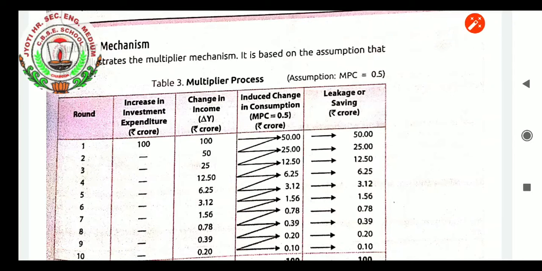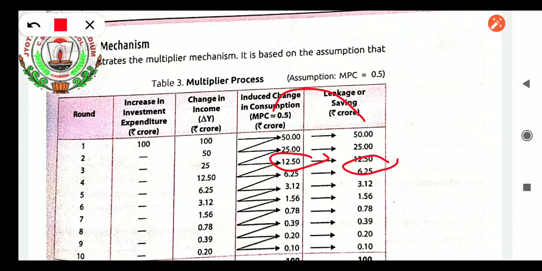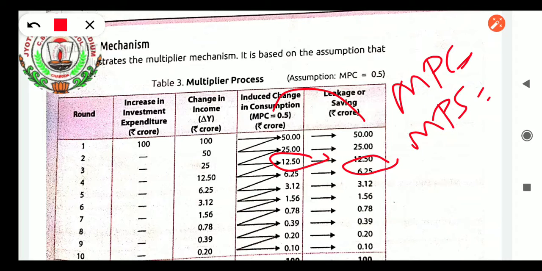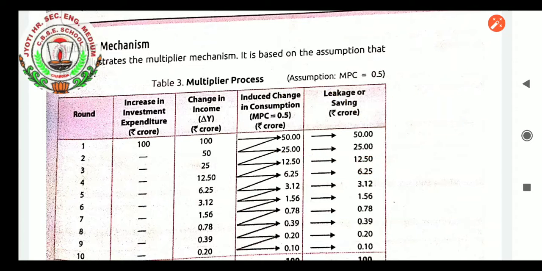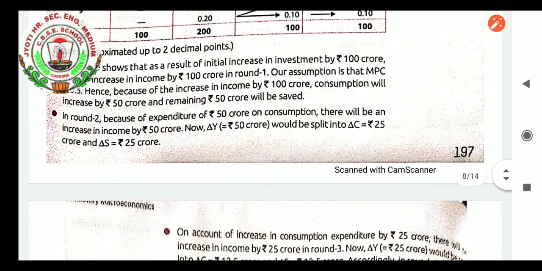What you are seeing, this and this are the same. MPC and MPS, in every situation where the income is changing, the impact is the same. So that is what we are learning, the multiplier mechanism, that the change in MPS and MPC always equals.